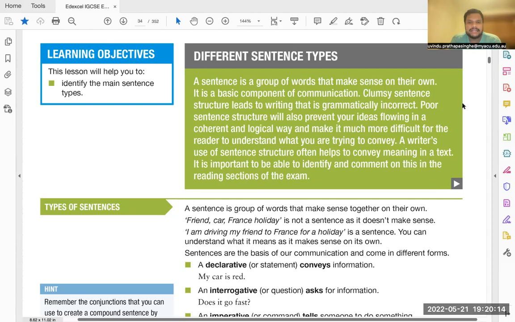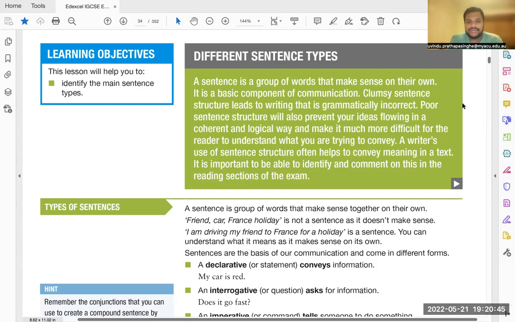A sentence is a group of words that make sense on their own. It is a basic component of communication. Clumsy sentence structure leads to writing that is grammatically incorrect. Poor sentence structure will also prevent your ideas flowing in a coherent and logical way and make it much more difficult for the reader to understand what you are trying to convey.